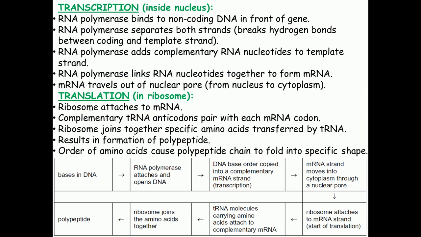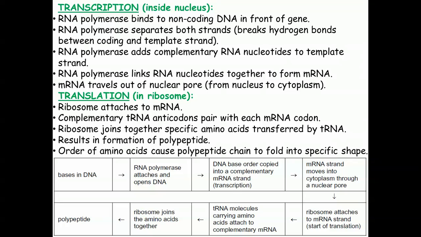So to summarize transcription and translation, transcription involves RNA polymerase binding to non-coding DNA in front of a gene. The polymerase then separates both strands by breaking the hydrogen bonds between the coding and template strand. It then adds complementary RNA nucleotides to the template strand, and these RNA nucleotides are linked together to form the mRNA.